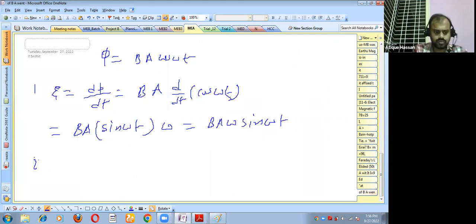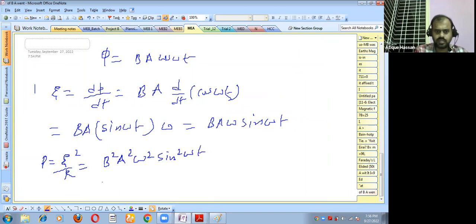So now you can calculate power. We know that power through the coil is E square by R. So it will be B square A square omega square sin square omega t by R.